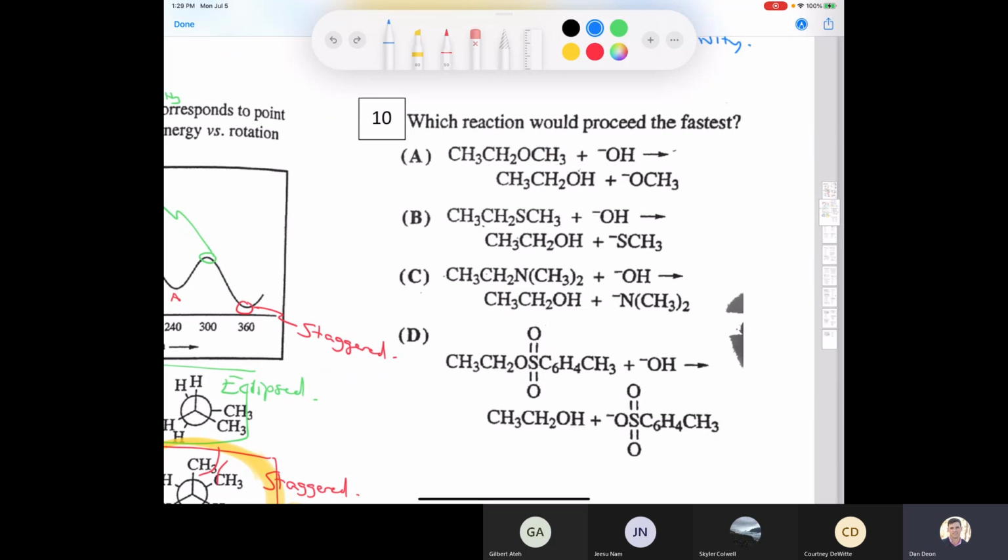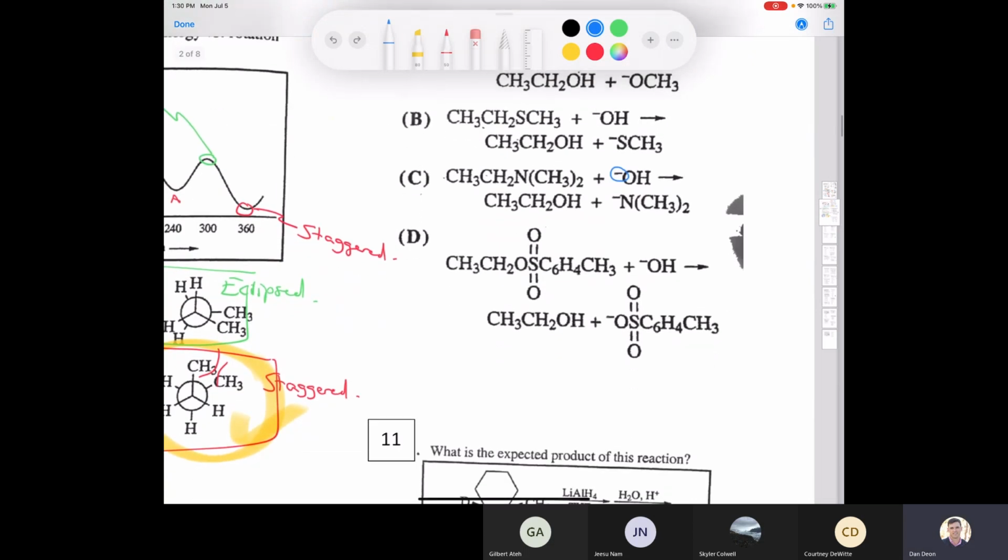If we go over to B, you have hydroxide attacking this carbon, and you have the loss of the thiolate, sulfur with the negative charge, or mercaptide, whatever you want to call it. And then in C, you have this occurring, which is just insane, but anyhow, then you would lose a nitrogen with a negative charge as a leaving group.